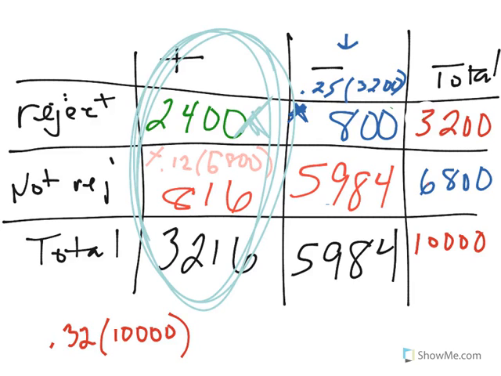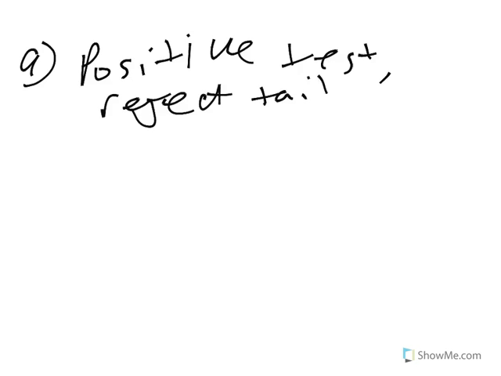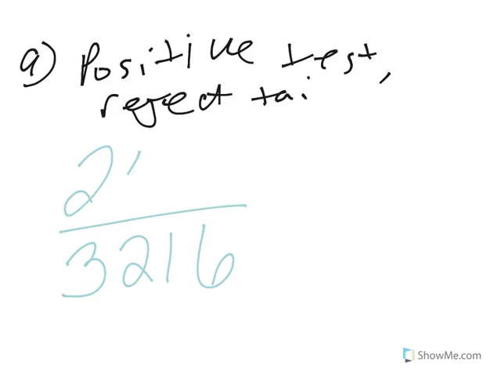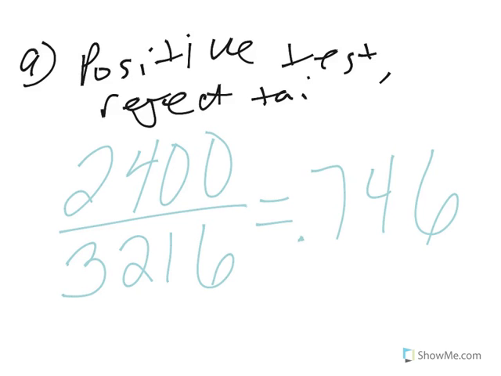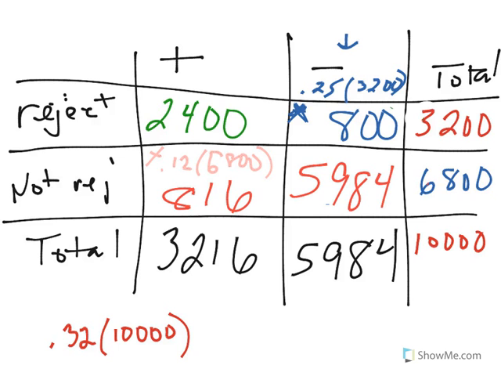And it will reject, so we want that piece. Okay, so the positive, we know that there are 3,216 total positive results, and 2,400 of them actually will test positive, which is part A for an answer of 0.746.